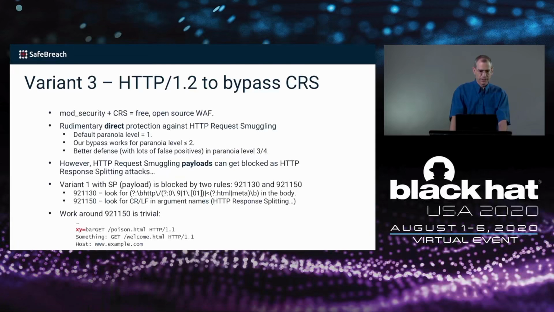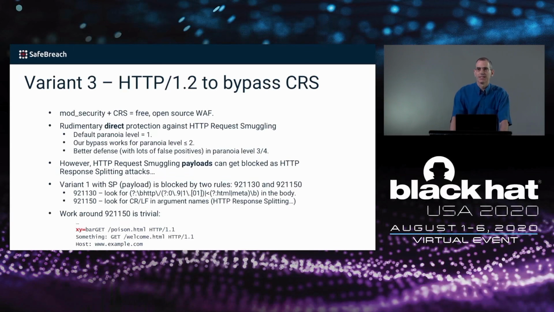So for example, we have two rules: 921130 that looks for a pattern of HTTP/0.9, 1.0 or 1.1, and another one, 921150, that looks for CR, LF and line feed in argument names. Both are geared towards blocking HTTP response splitting. Unfortunately for us, they also work against our HTTP request smuggling payloads.